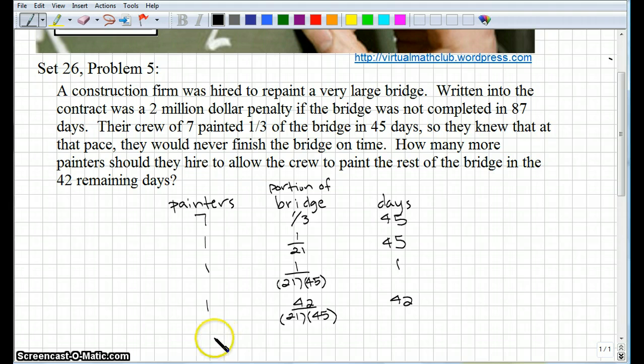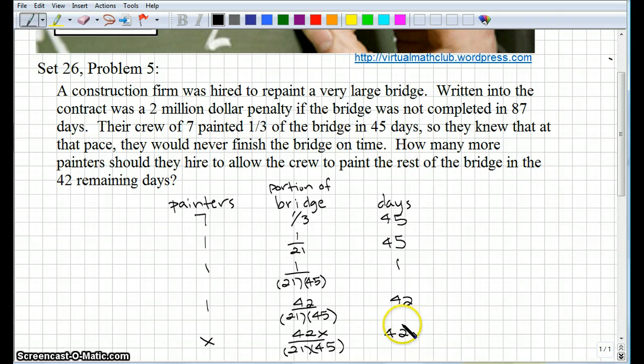So now we want to know how many painters. I'm going to say if we had X painters, they could paint 42 times X over 21 times 45 parts of the bridge in 42 days.